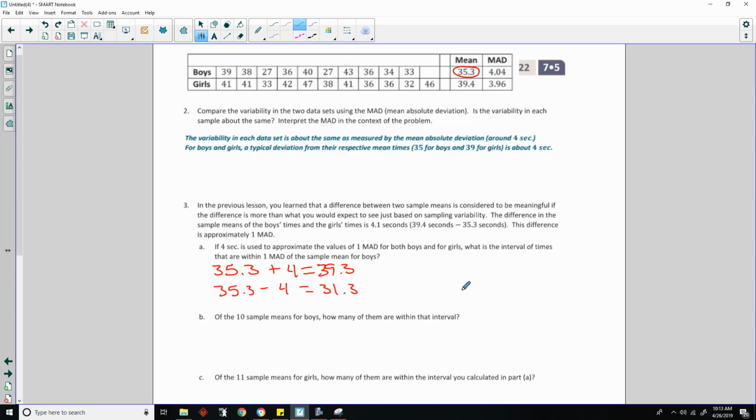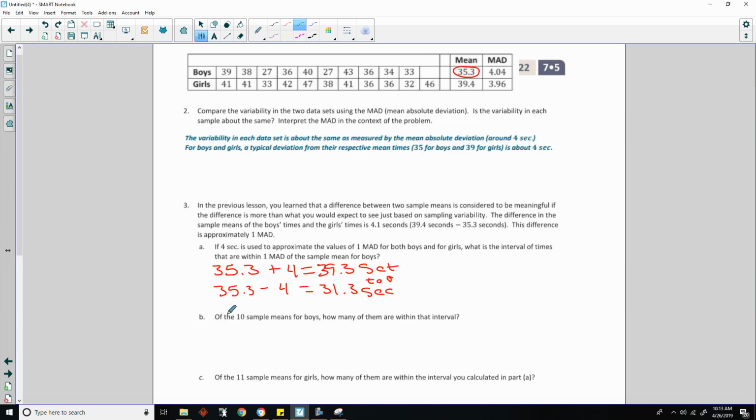Okay, so the interval of times that are within one mean absolute deviation of the boys' mean is approximately 31.3 seconds to 39.3 seconds. So it's from this to this.